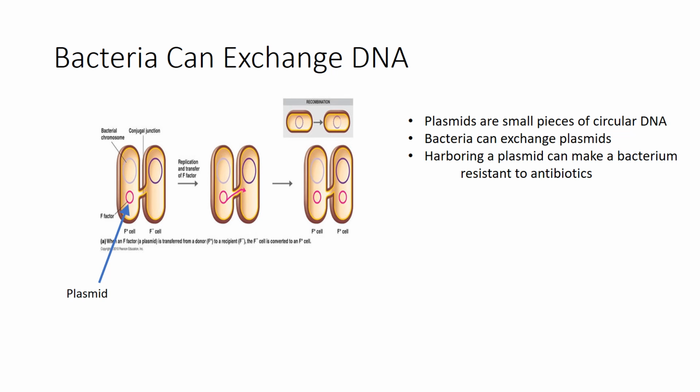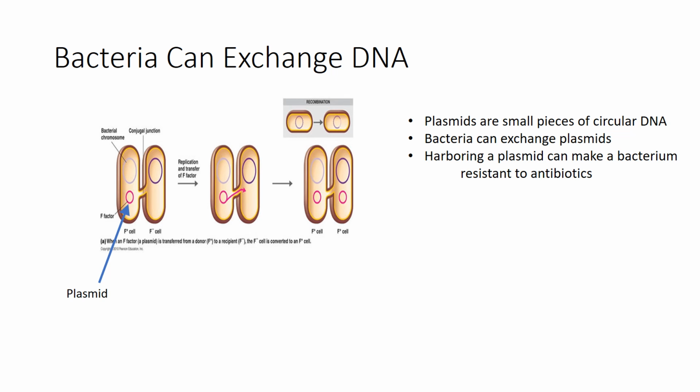It is possible the other way around, too. The bacteria on the right could have had the plasmid and transfer it to the bacteria on the left. What is the meaning of this exchange of DNA? Like we just stated, a bacterial population or colony is a clone, right?